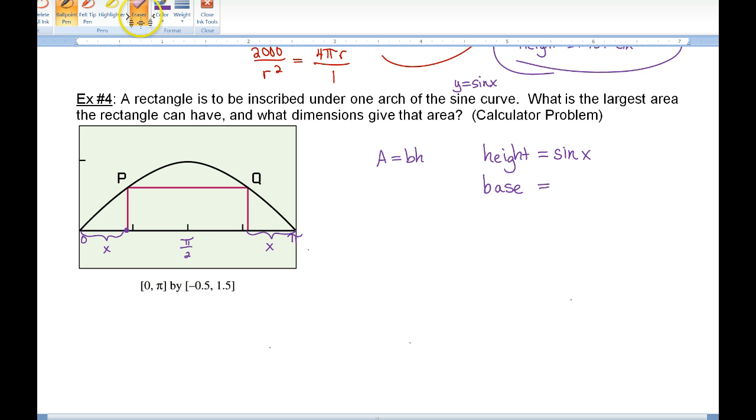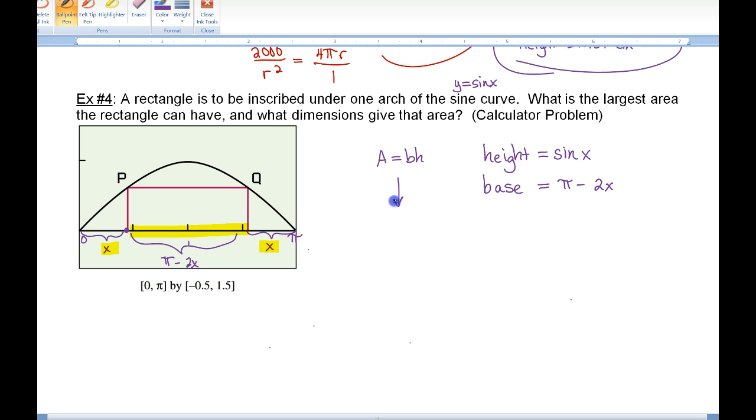If I'm looking at this length all the way across, from 0 to pi, and I'm taking away an x on each side, then this can be represented by pi minus 2x. So the base is pi minus 2x.